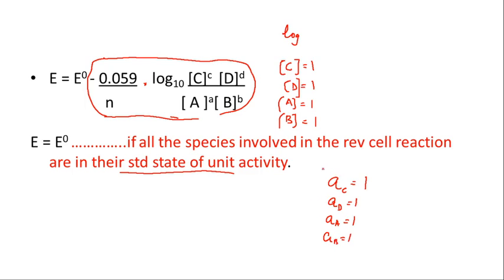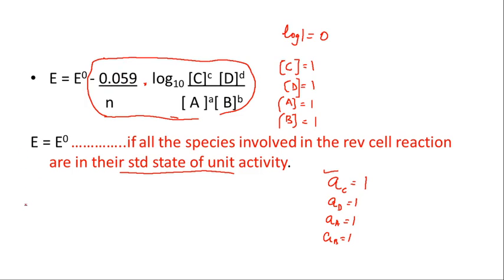So when they are in their state of unit activity, this will become log of 1. So log of 1 is nothing but equal to 0. So this full term becomes equal to 0, and this multiplied by this will also be 0.